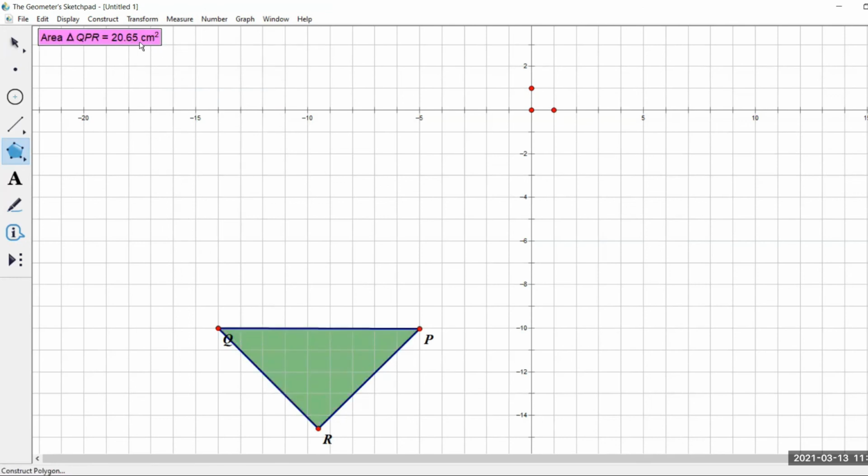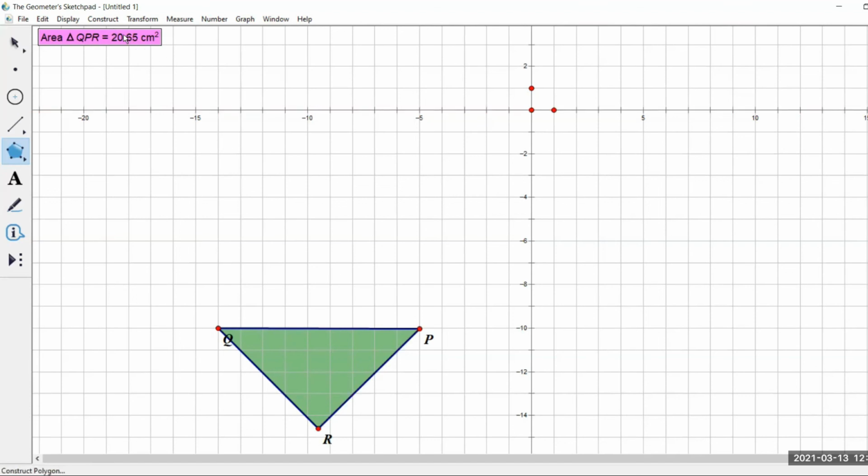Now notice I get 20.65, which is not 20.25. And the reason we get 20.65 is because the coordinates of R are not accurate. This is not exactly negative 9.5, and this is not exactly negative 14.5. It is slightly bigger than negative 14.5 and slightly bigger than negative 9.5.